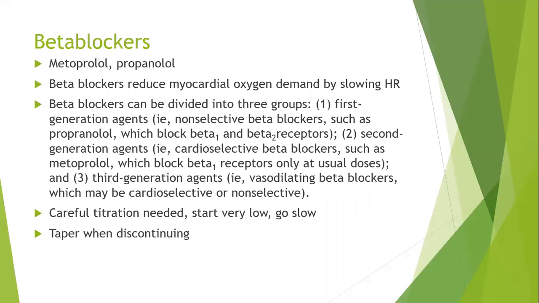So beta blockers, such as metoprolol or propranolol, also work to reduce myocardial oxygen demand by slowing the heart rate down. There are different types of beta blockers. There are 3 general groups. The first generation agents, which are non-selective beta blockers, such as propranolol, which blocks both beta 1 and beta 2 receptors. And second generation agents like cardioselective beta blockers, such as metoprolol, which blocks beta 1 receptors only at usual doses.